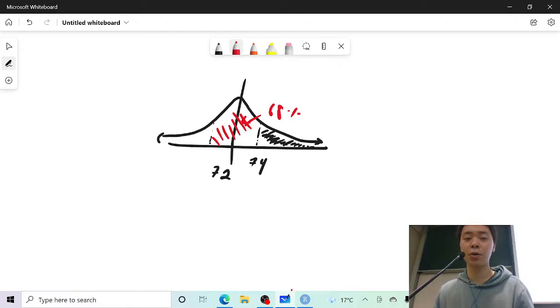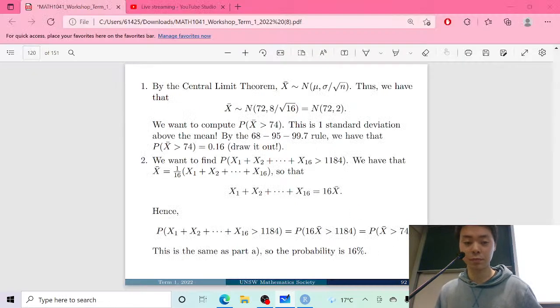So that means both ends, this end and this end, sum up to 32%. Because we have symmetry here, each of these ends is going to be 16%. And so one tail would be precisely 16%. Cool. Right. And that's how we can justify that the probability is 16%.